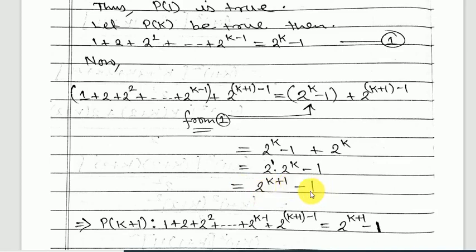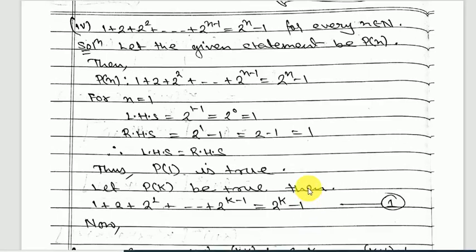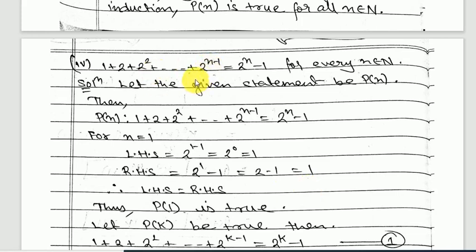So here you have been able to show that, because the last term on the right was 2 to the power n minus 1, if I have k plus 1 in place of n, then I should have 2 to the power k plus 1 minus 1.